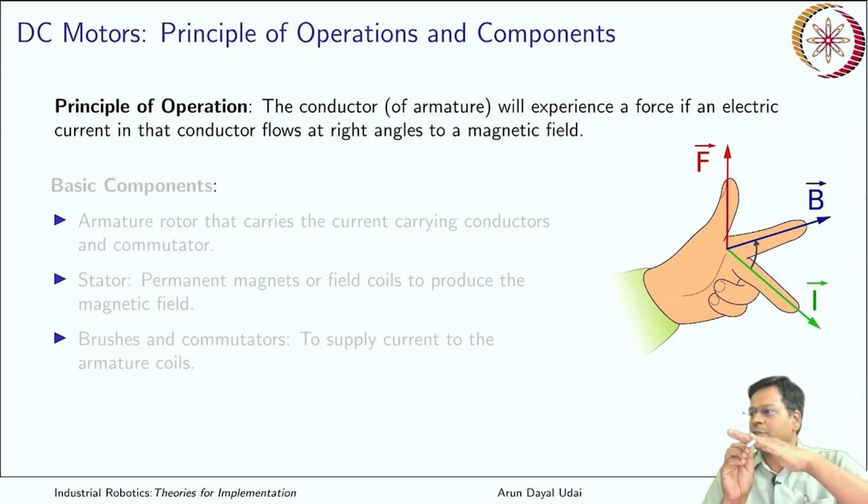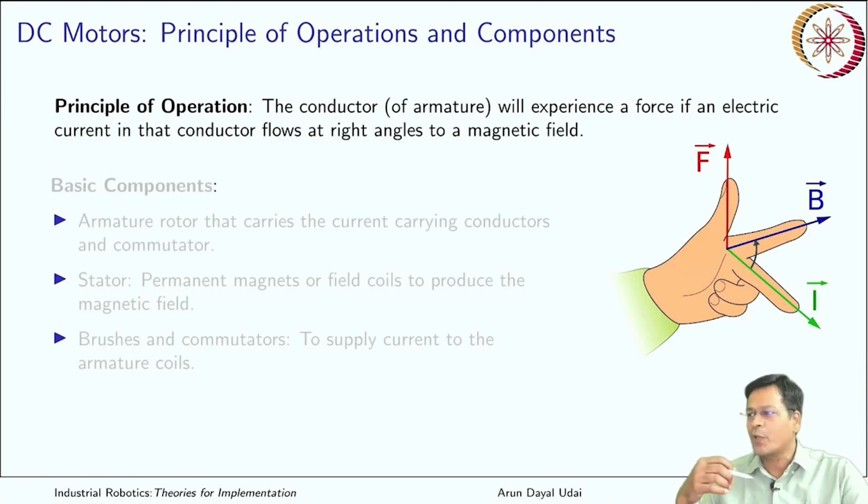So this conductor is placed in a field and then it will experience a force which is mutually perpendicular to the field and the current, right? So that is what is given by Fleming's left hand rule that you probably know through your high school physics also. So yes, this conductor or the armature will experience the force if an electric current in that conductor flows at right angles to the magnetic field.